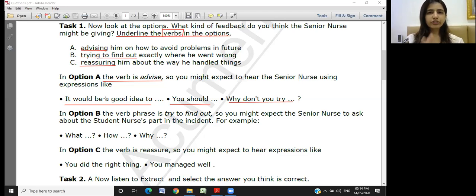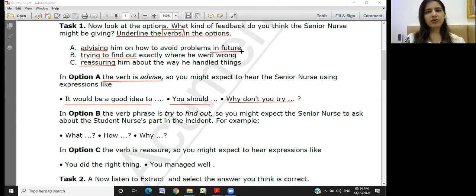So if the majority of the sentences that you hear in the audio are on giving suggestions, then it could be advice. Now here another important keyword you have here is in future.